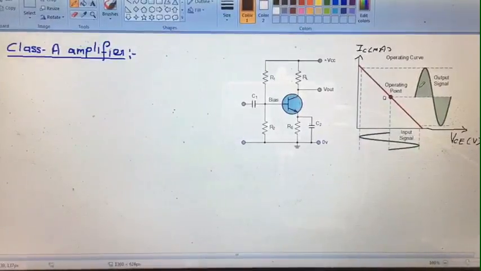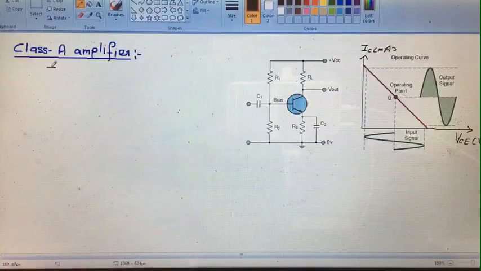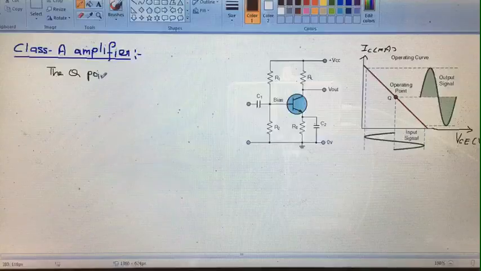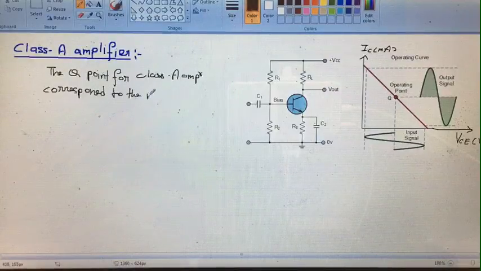So, we can write down that the quiescent point, the Q point, for a class A amplifier corresponds to the midpoint of the DC load line.